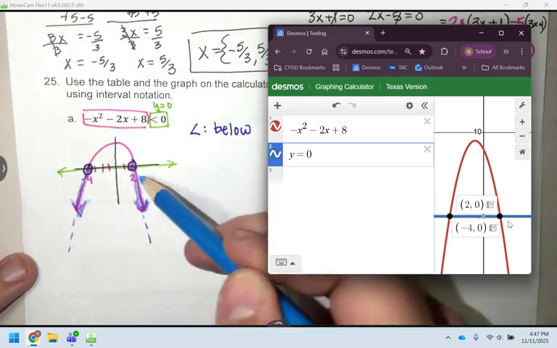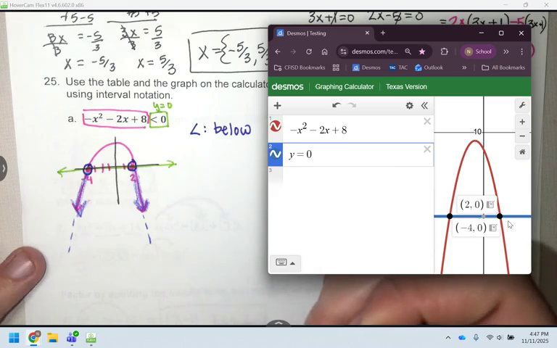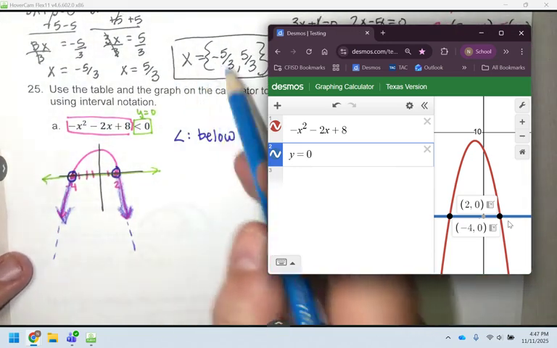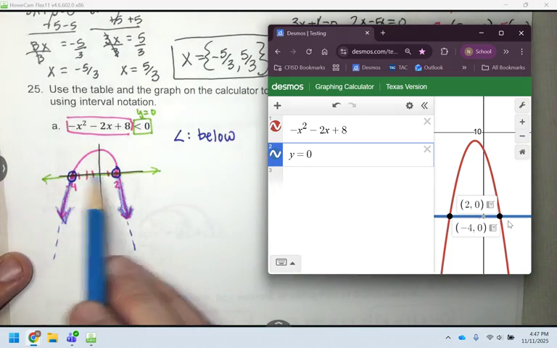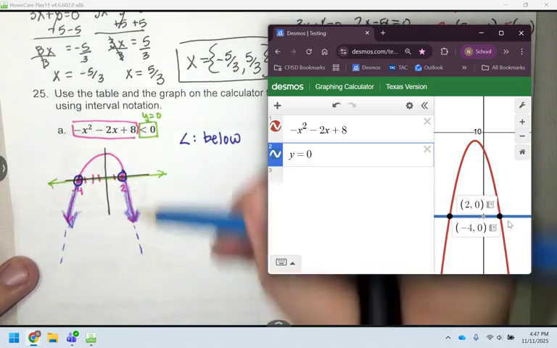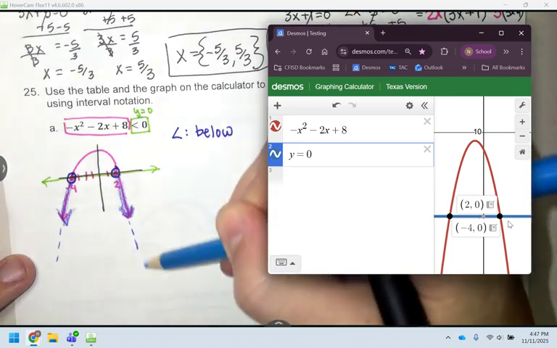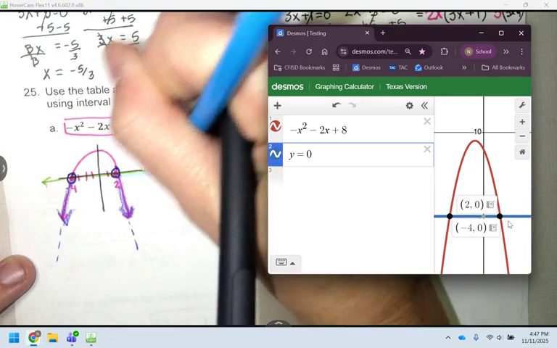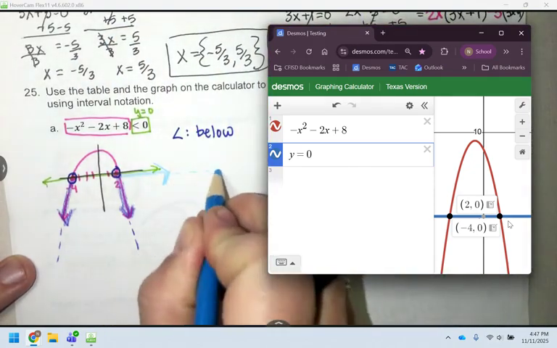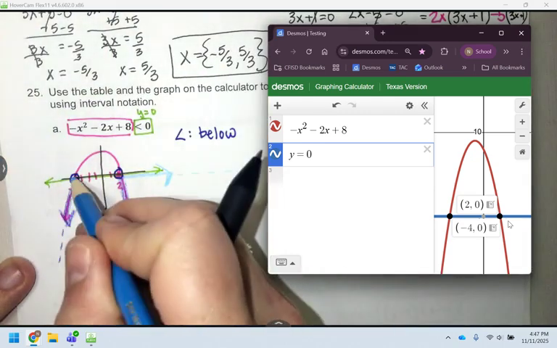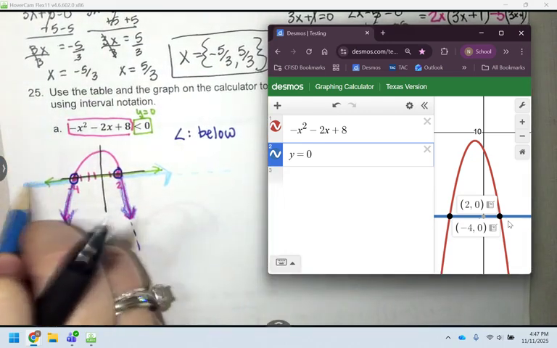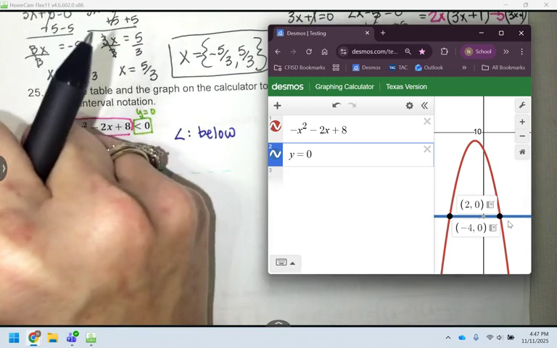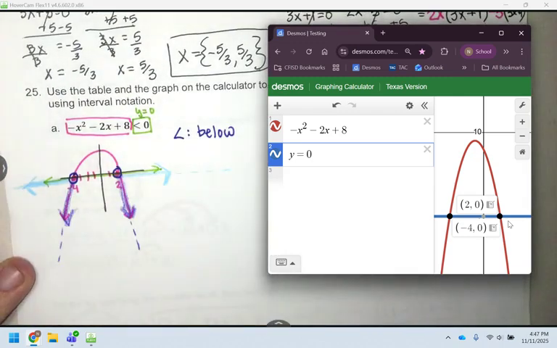This is the part of the parabola that's below, but our solution is going to be in terms of x, which means we need to know the x values that are the solution. So this piece of the parabola are these x values, and it continues. And this part of the parabola are these x values, and it continues.